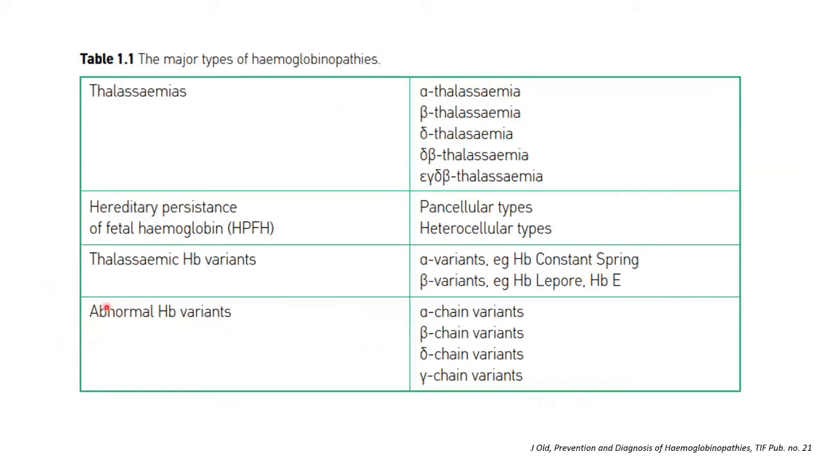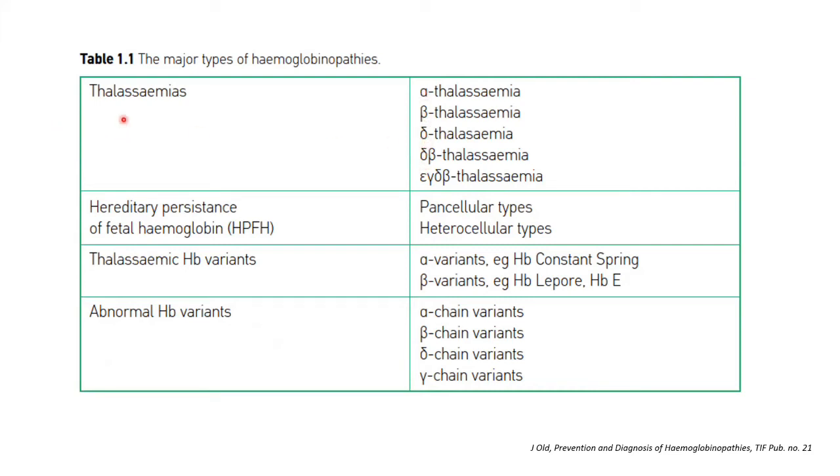These can be variants in the alpha, beta, delta, as well as the gamma chains. Whereas the term thalassemia usually denotes a quantitative defect of structurally normal globin genes. These are alpha, beta, delta, and the other thalassemias.